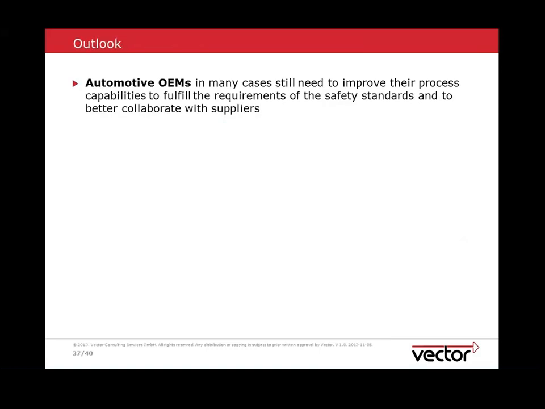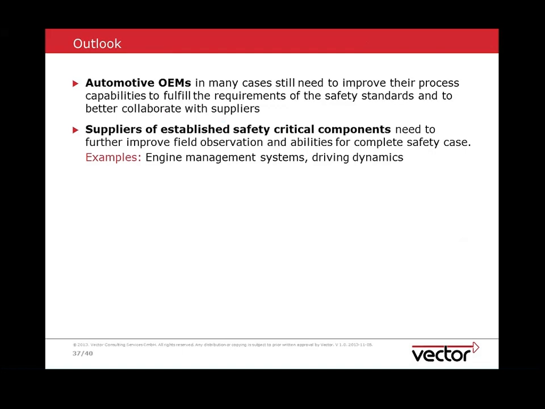Where do we go from here? From an OEM perspective, which certainly has the longest tradition in implementing functional safety, what we see here and there is some sharpening of the process, making safety processes more efficient in order to comply with the safety standard and specifically to help their suppliers.